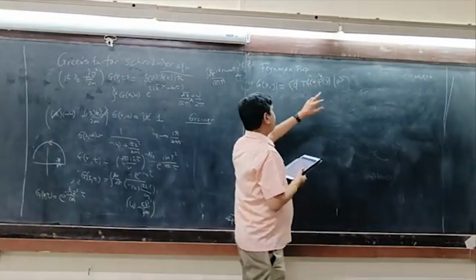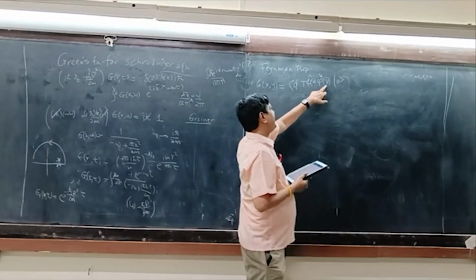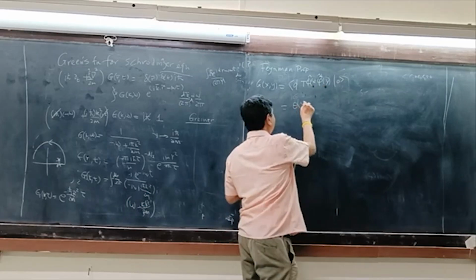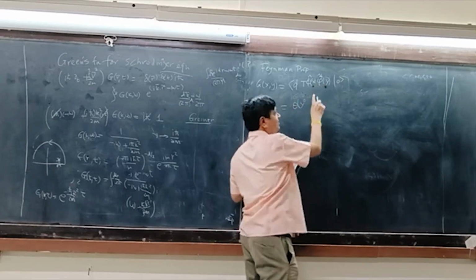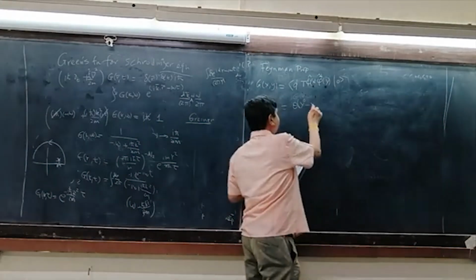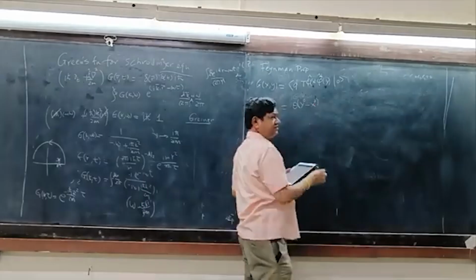So if y is after x, it is written as theta. So it is a 4 vector, huh? So x has time and space. So theta of y0 minus x0.